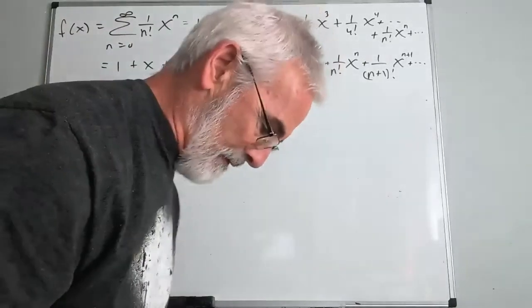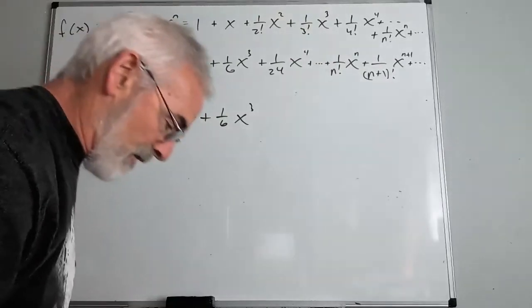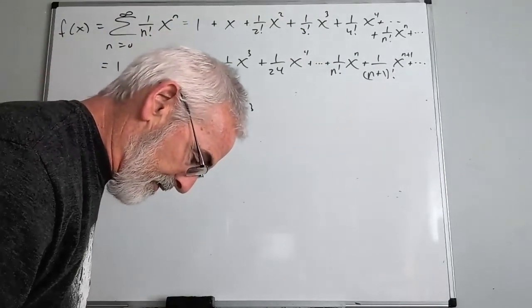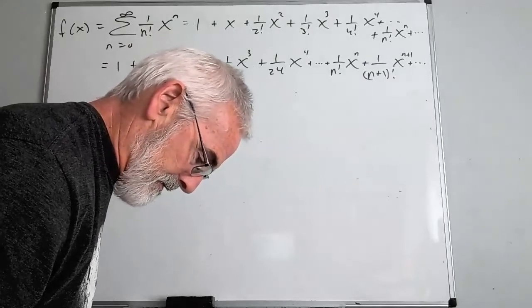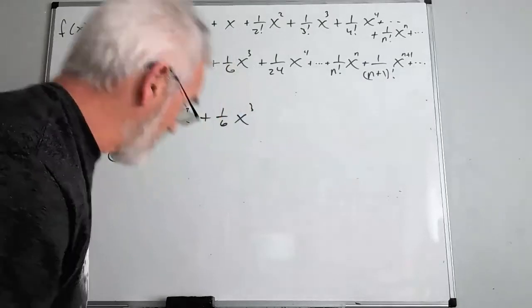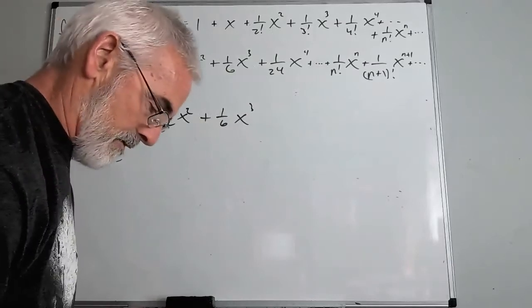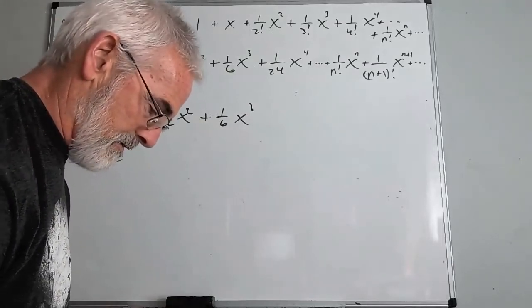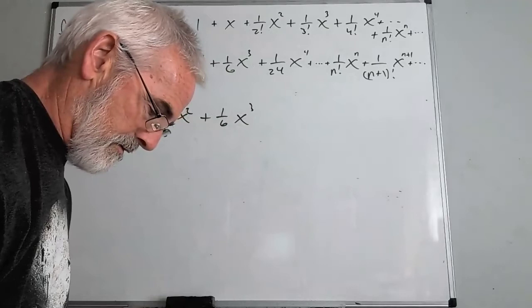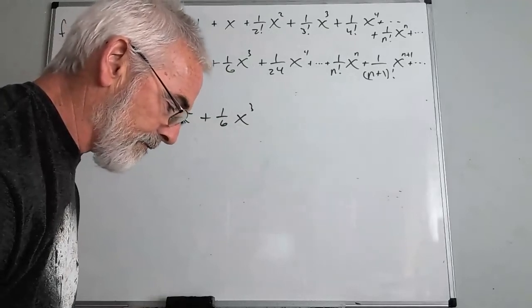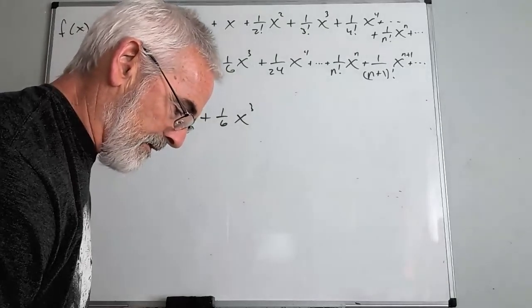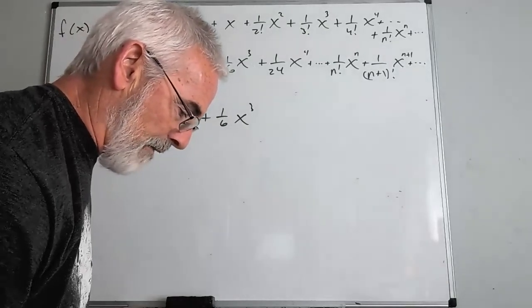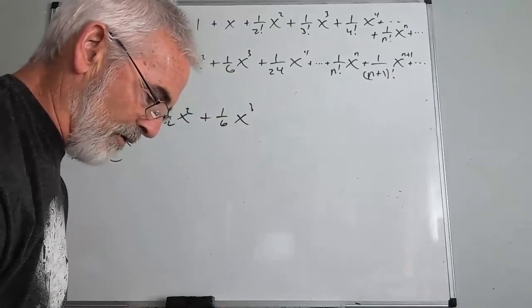So let me enter the first one. Where are we here? 1 plus x plus... Okay, so then if I go ahead and set my window, I'm going to leave it the usual negative 10 to 10 window for now.